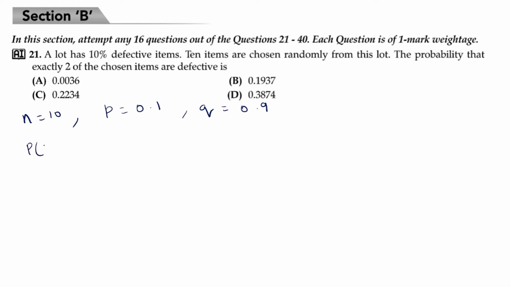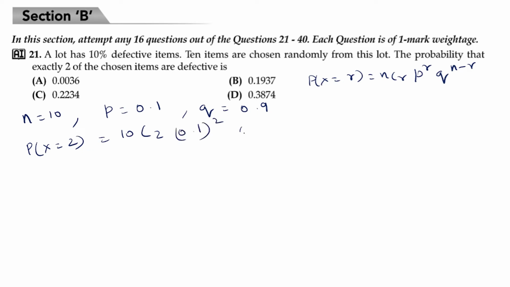So probability of X is equal to 2 is asked. Now we know probability of r successes is given by nCr, p raised to r, q raised to n minus r. So probability of X is equal to 2 is 10C2, 0.1 the whole raised to 2, 0.9 the whole raised to 10 minus 2, 8.